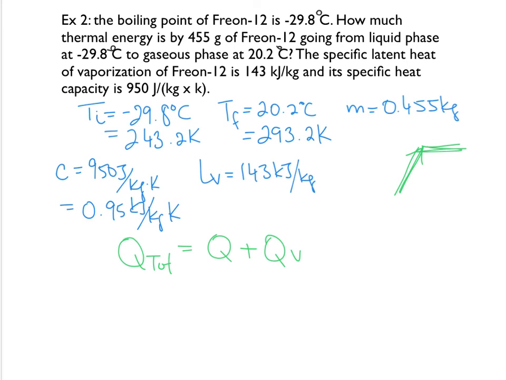So this temperature right here. And that is going to be using our equations that we developed in the last couple days. Our thermal energy is going to be mc delta T plus, and you know your heat of vaporization is going to be mass times your specific latent heat of vaporization.